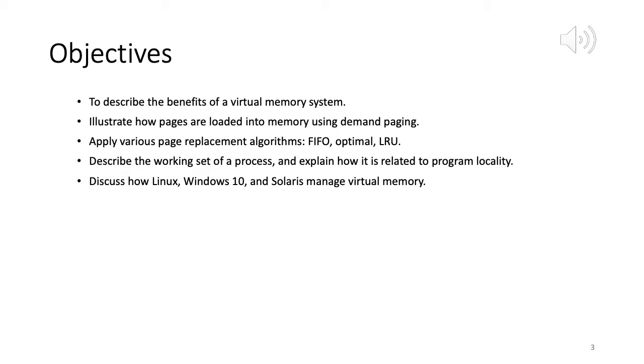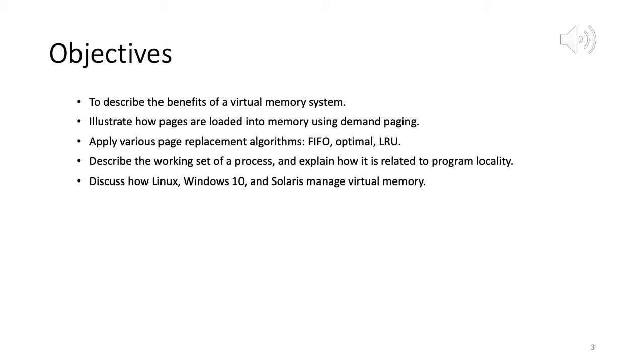So page being mapped to frame means virtual address being mapped to physical address. So that mapping has to be removed. A void has to be created in the page table, and then the new page has to be brought into that entry, right? So that's page replacement, which we'll talk about.